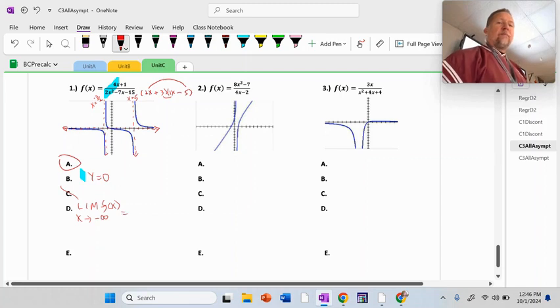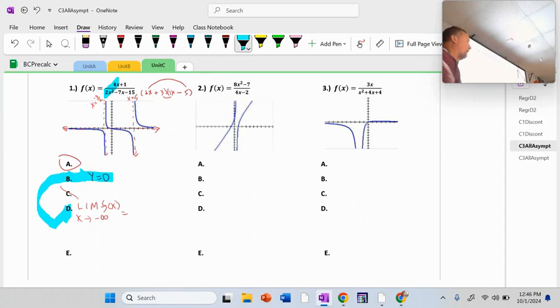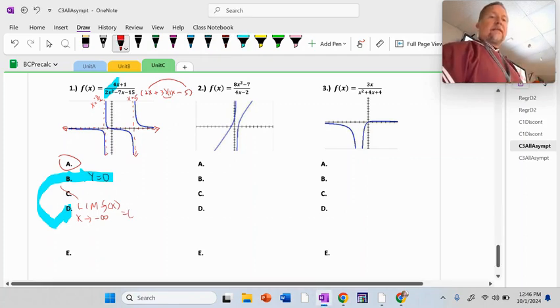Well, this is 100% related to these two, B and D. They're linked. It's the whole point of the horizontal asymptote. It's telling me what the outputs are. When I plug in negative infinity, what do I get for an output? 0. It's the same number. And then the limit of f of x.